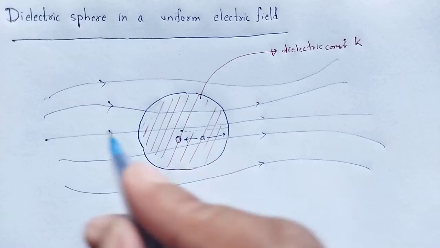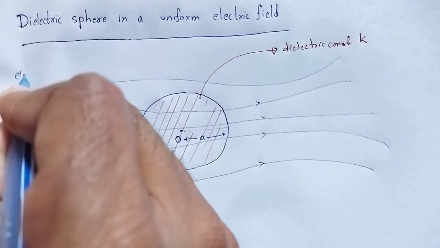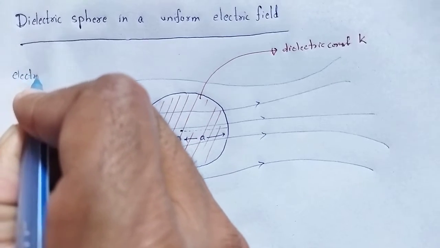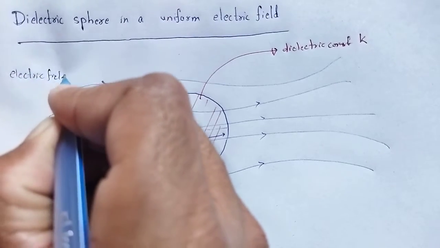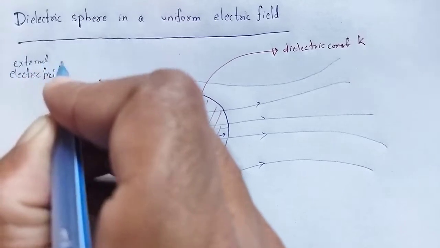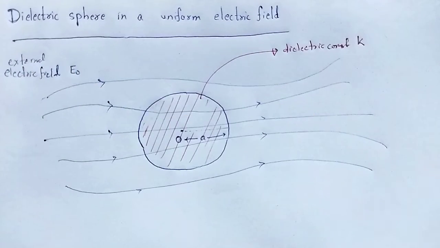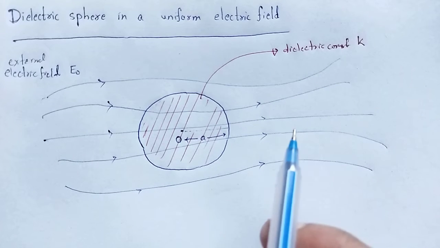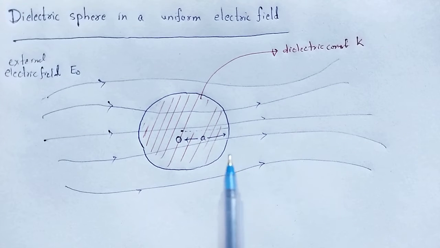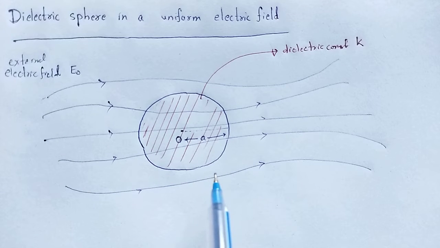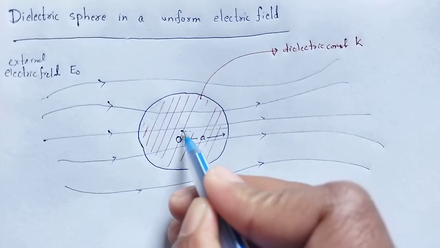The external electric field E naught, which is assumed to be uniform. The origin is at the center of the sphere and the polar axis is along E naught.